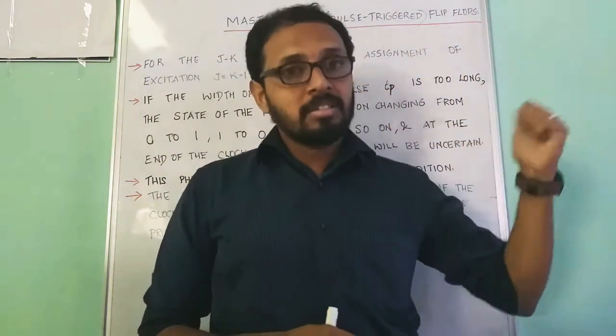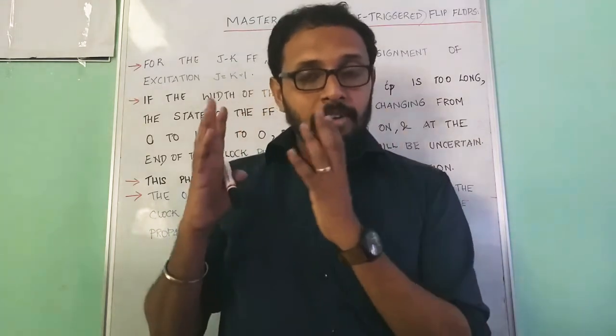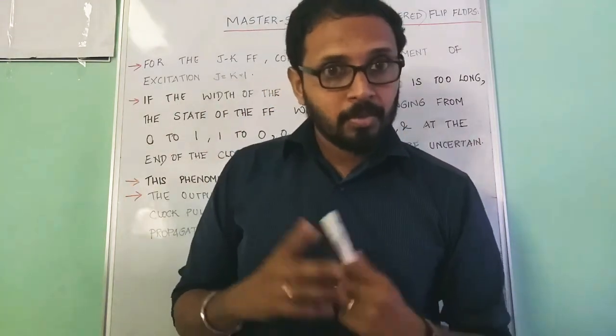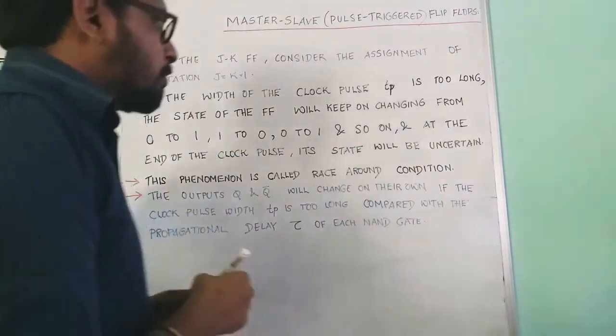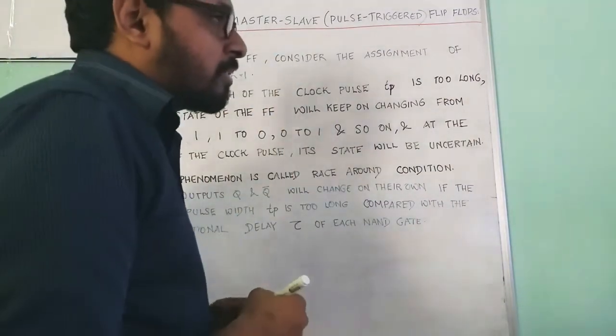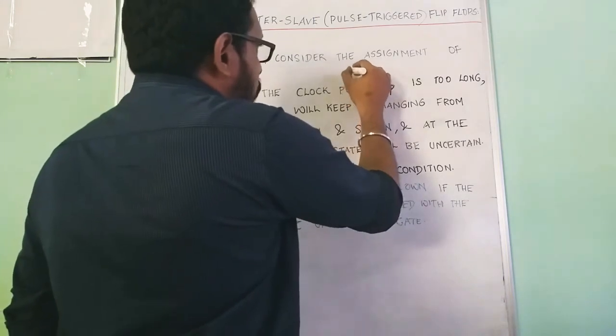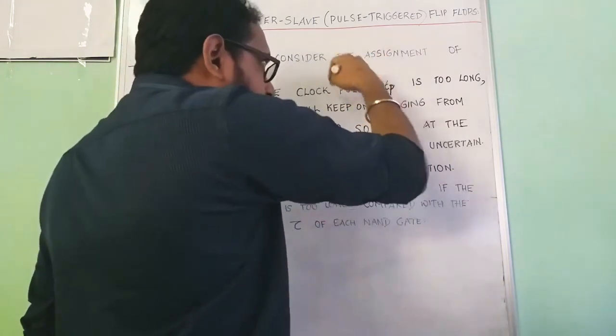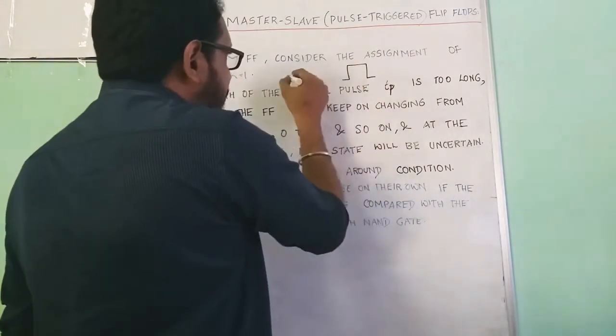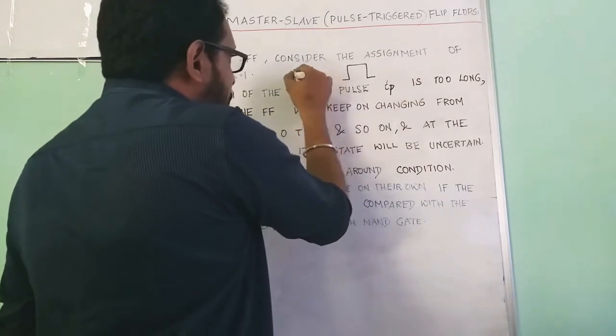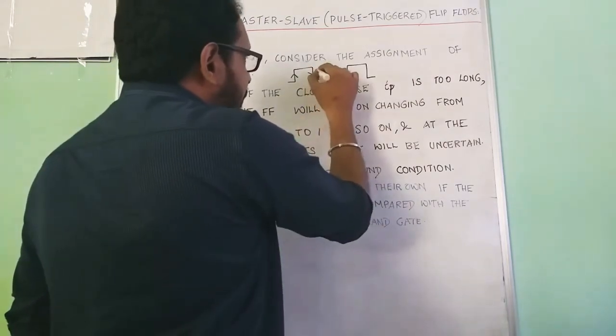This phenomenon can be prevented by the introduction of master slave flip flops, or the pulse triggered flip flop. In the case of pulse triggered, for the particular operation we utilize a complete clock pulse. In the case of edge triggered, we use either the positive edge or the negative edge.